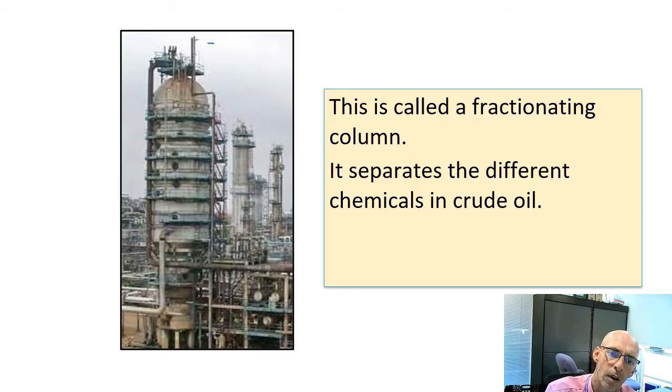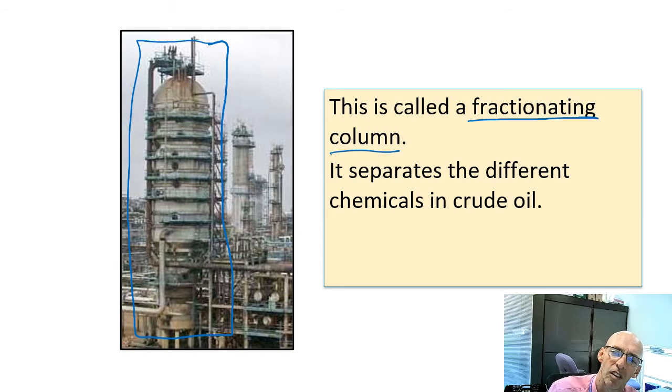It's done in a great big piece of apparatus. This is about 50 meters high, so rather large, and it's called a fractionating column. And the process itself is called fractional distillation.